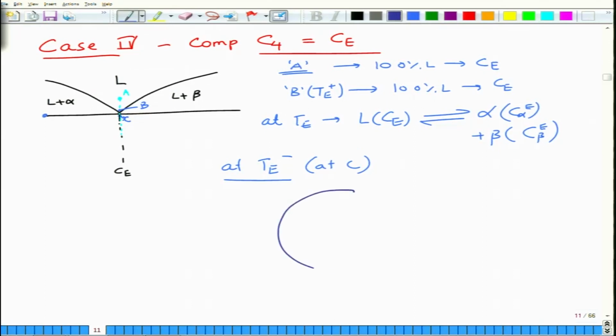So the microstructure would look like this. You will have these grains of eutectic.